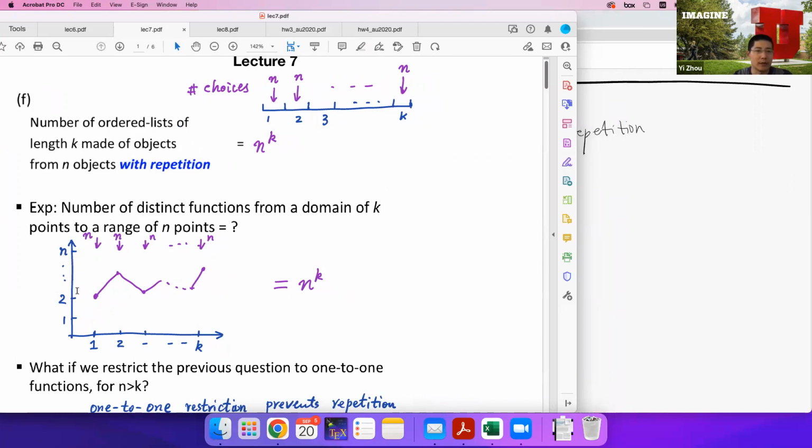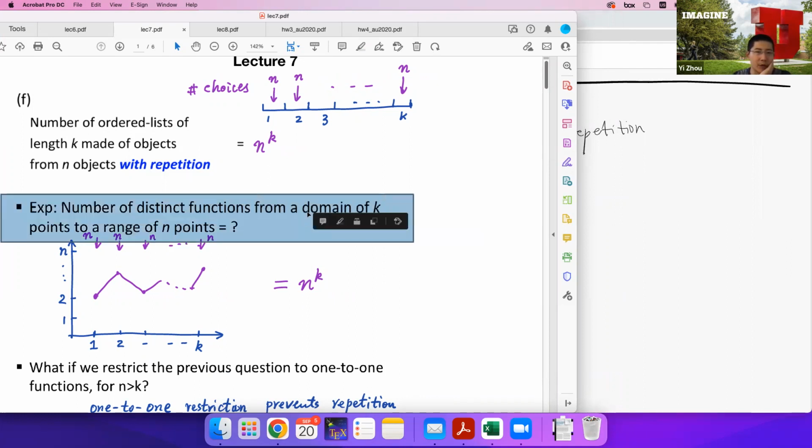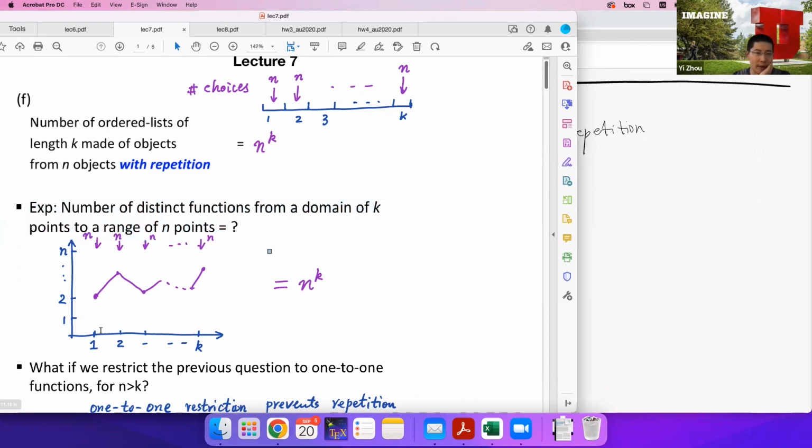Okay, so here's an interesting question: the number of distinct functions that we can create from a domain of k different points. The domain of the function, which is the x-axis, consists of k different points, and the range of the function has n different points. How many distinct functions can we create?